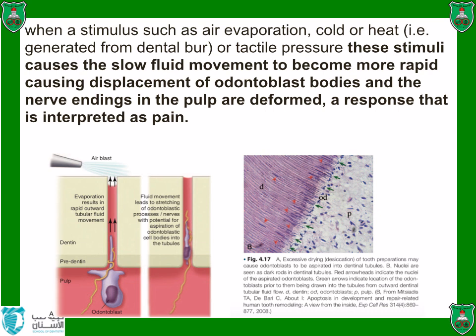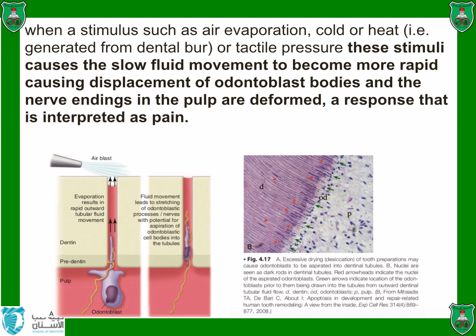Now cold stimuli will lead to the movement of the fluid to the outside, from the bulb to the outside, and this will lead to the movement of the odontoblasts away inside the dentinal tubules.